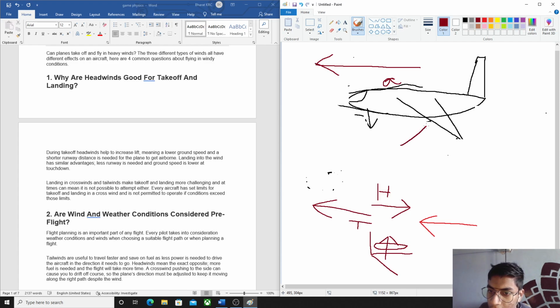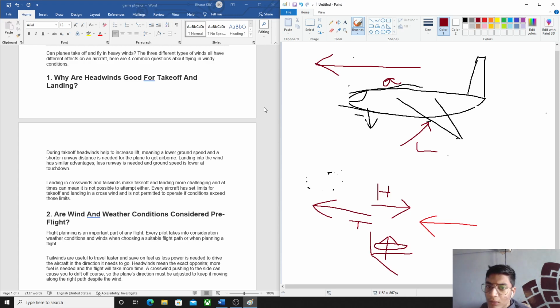Headwind helps in increasing lift, due to which lower ground speed and a shorter runway distance is needed for the aircraft to get airborne. And also when landing into similar winds, less runway is needed and ground speed is lower at touchdown.